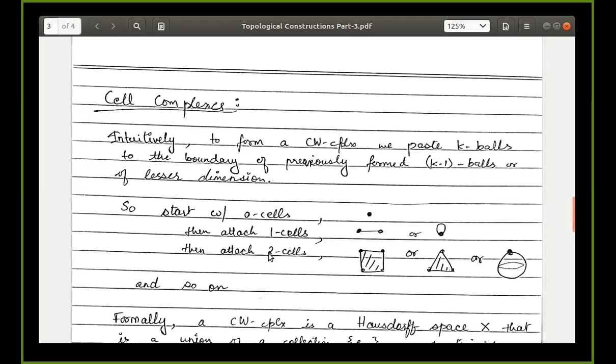If you want to attach, let's say, a 2 cell, a 2 cell has a boundary which consists of 1 cells, right? So this could be attached to 1 cells in whatever way you like. Either, let's say, there were 4 1 cells lying like this, and then you attach the ball.